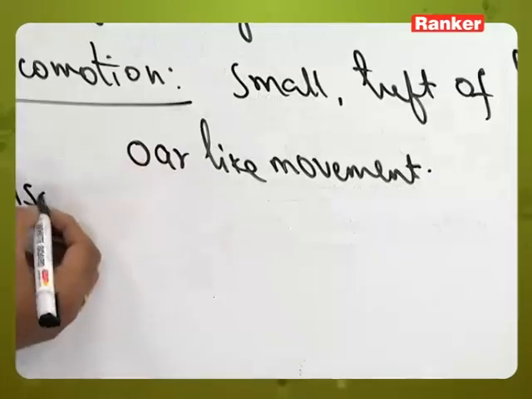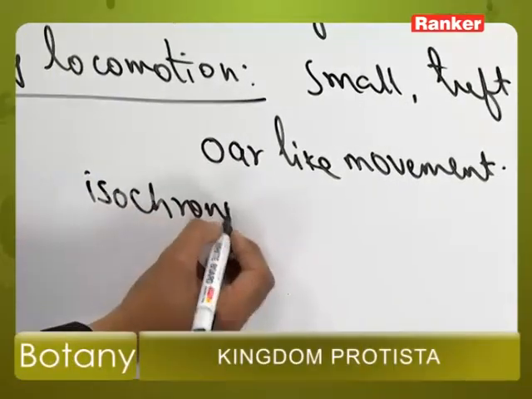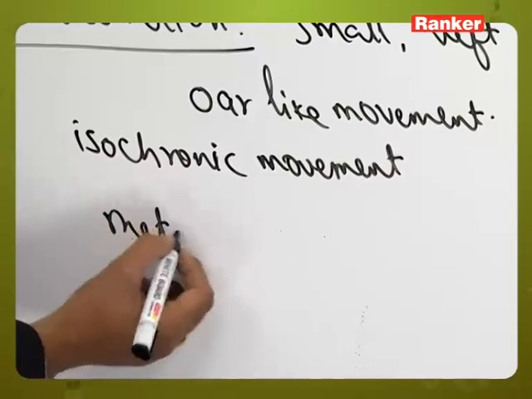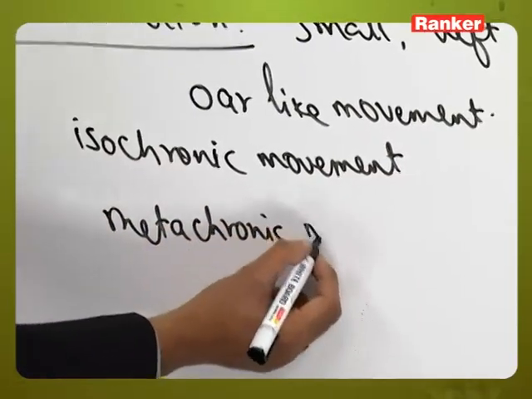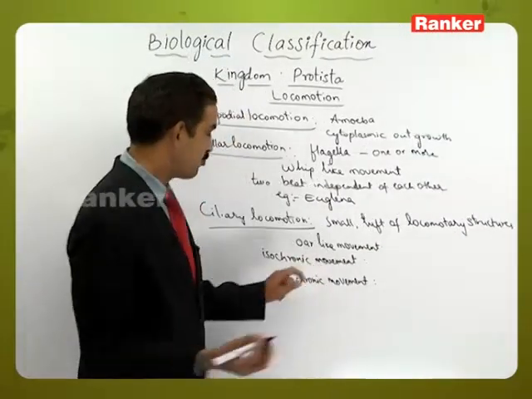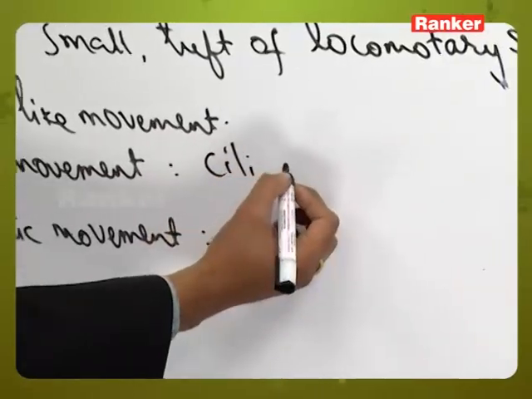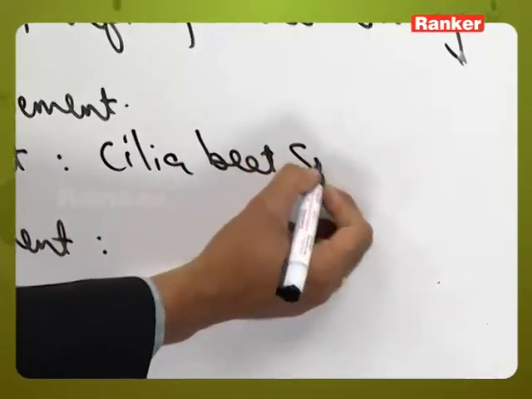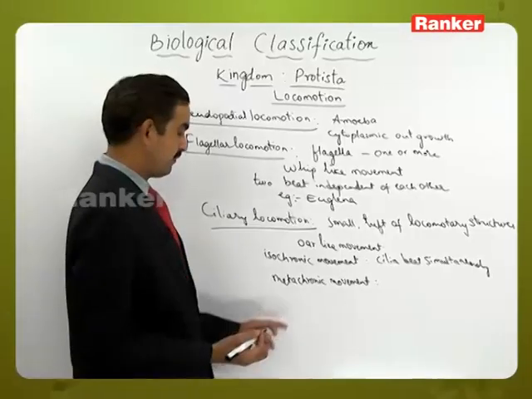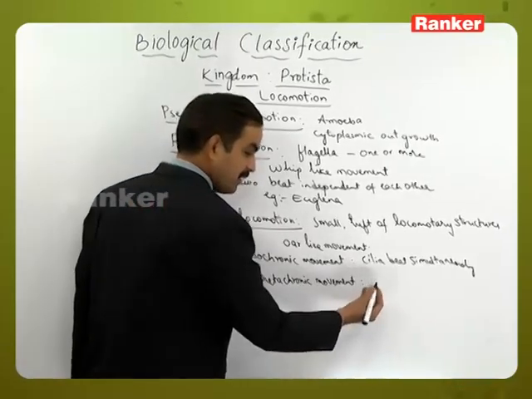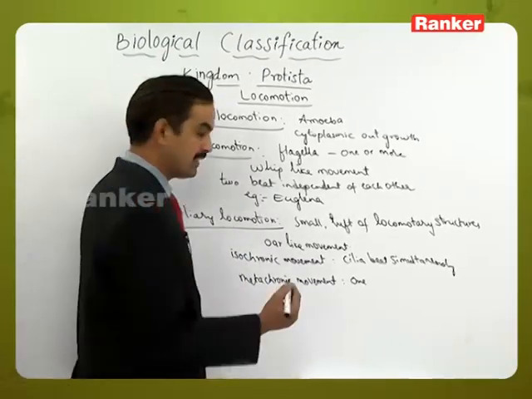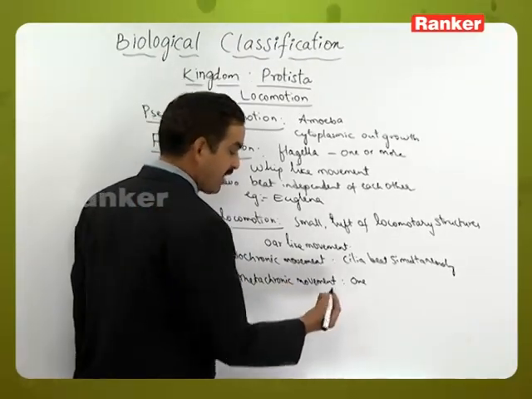Based on that, isochronic movement and metachronic movement are present. In the isochronic movement, all the cilia beat simultaneously, whereas in the metachronic one, they are divided into groups, and one group after the other group shows rapid synchrony one after the other.